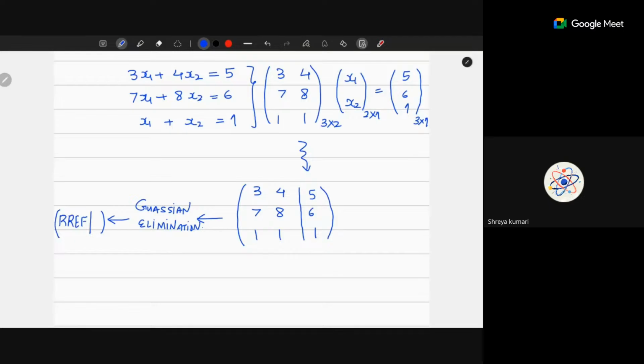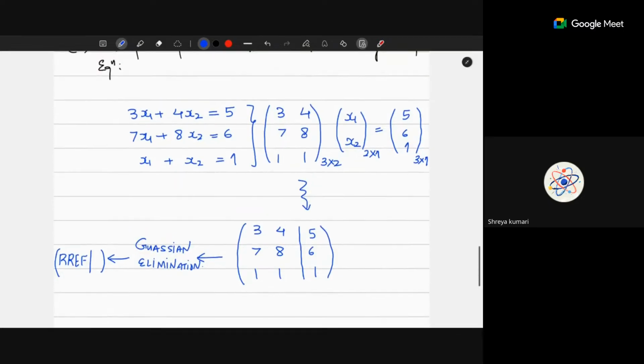Then you get the solution, whether the solution exists, there are infinite solutions, consistency, inconsistency, and all these things.